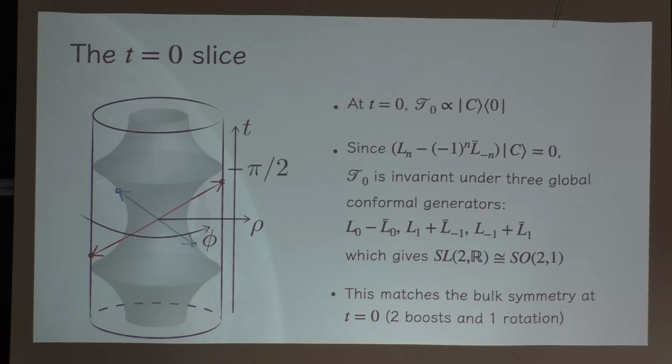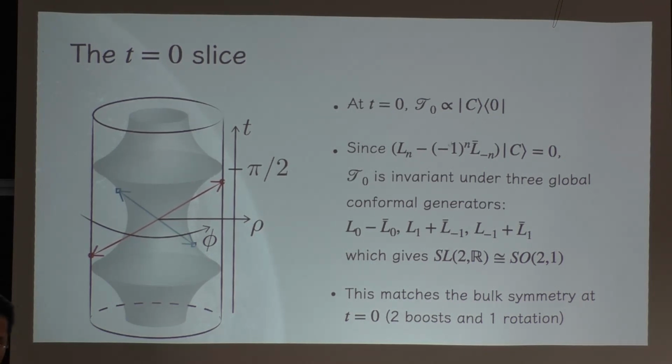Let us look at some special time slices to do the consistency check between the AdS and the CFT side. Of course, the simplest time slice is the t equal to 0 time slice, which is at the center of this picture. So at t equal to 0, our CFT dual is given by a matrix, which is a combination between the crosscap state and the ground state.